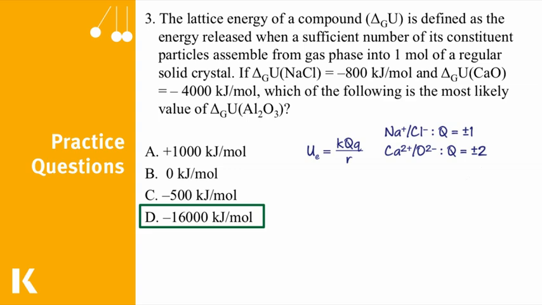Were we to plug in the aluminum and oxide from aluminum oxide, we have a positive 3 and a negative 2, meaning we will have a value that is even more negative than calcium oxide's value. The only viable answer choice then, the only one that is more negative than 4,000, is D.